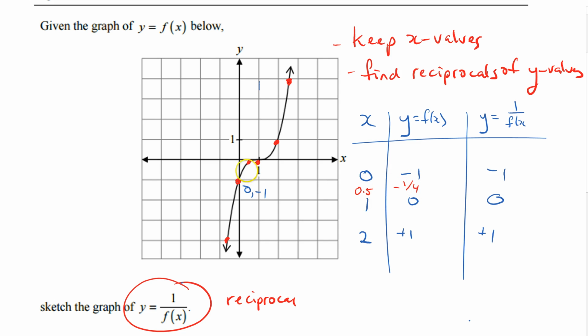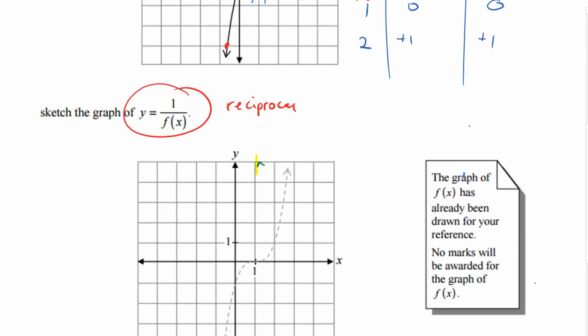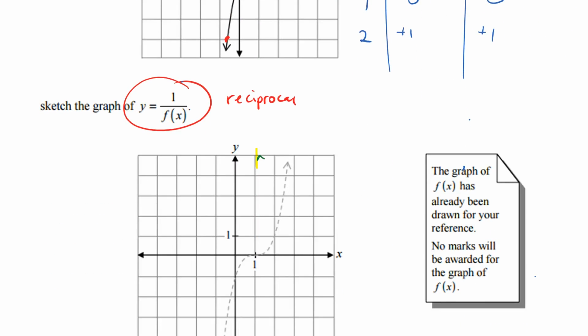Negative 1/4, I should say. And so my reciprocal function is going to end up being at negative 4. I would get a very large value. And then as I get closer and closer to this value here, I'm getting a smaller and smaller negative value, which would cause a larger and larger negative value for my reciprocal. So you see this feature of how it works. Now this is where we can graph onto it.